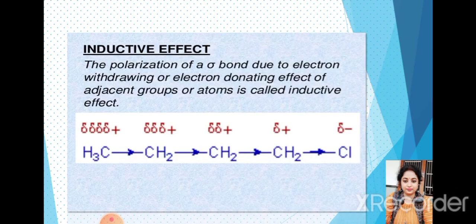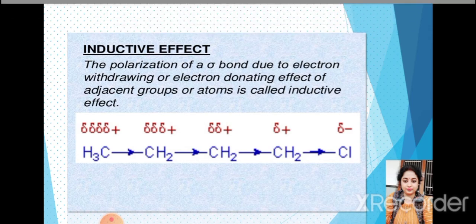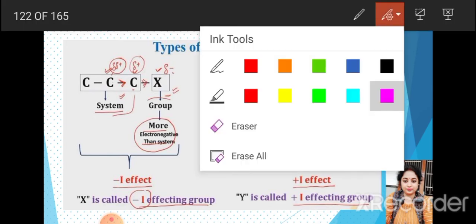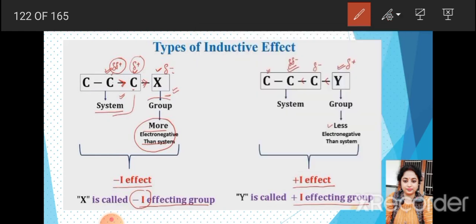This is a long carbon chain. Let's see this example. When an atom or group of different electronegativity is attached to the end of a carbon chain, this is a carbon chain, X attached here is more electronegative.